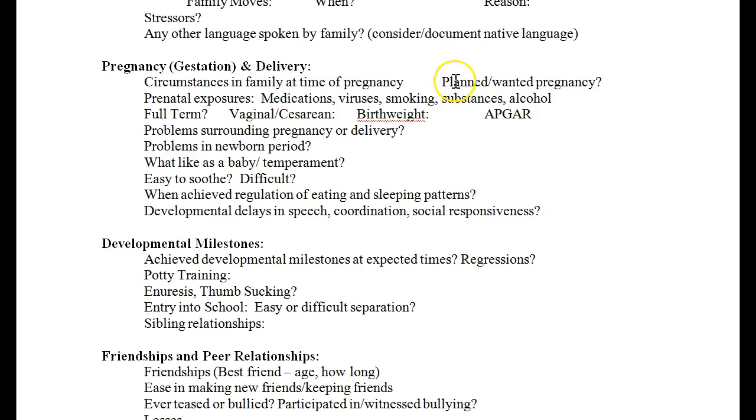It's important sometimes to know, if the mom is talking about difficulties with the child, was this a wanted child? Was this a difficult pregnancy? Do you have a sense that this kid was always difficult? As well as knowing about prenatal exposures, which will have indications for development, as well as the APGAR, the birth weight, and whether the child was born to term.